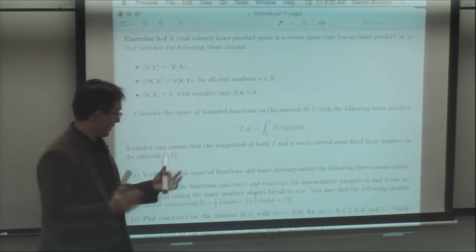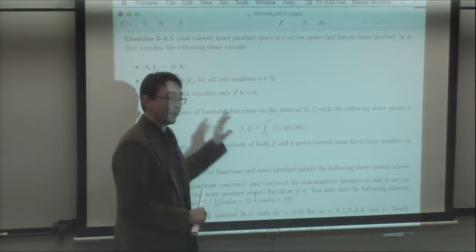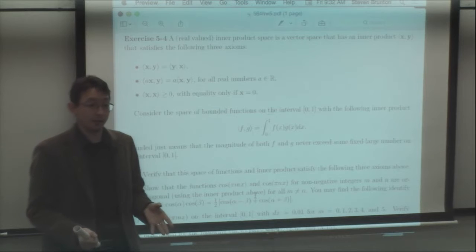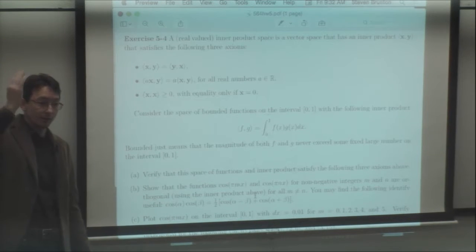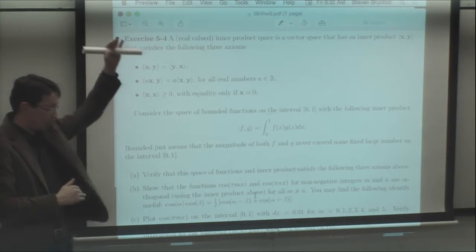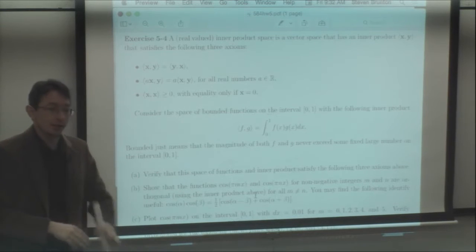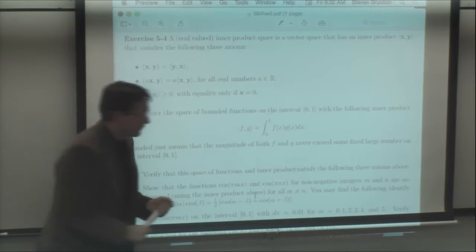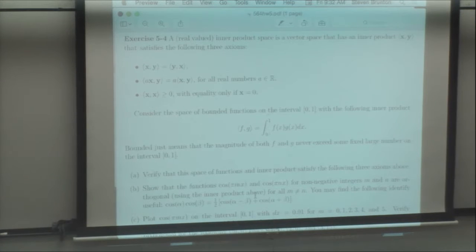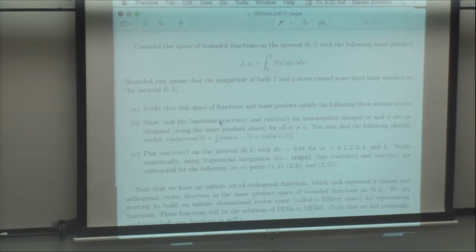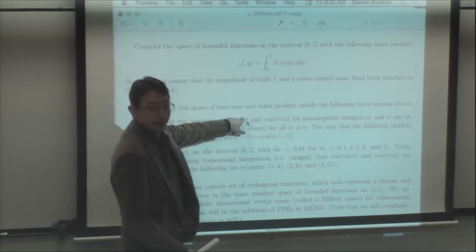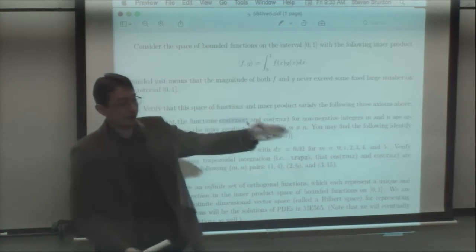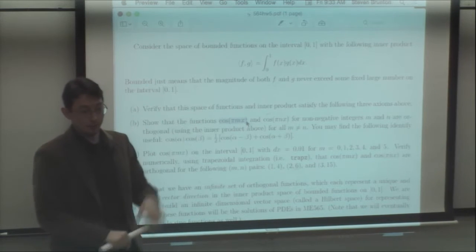It's a very strange but important concept where functions live in a vector space called Hilbert space. It's a vector space with infinitely many dimensions. So unlike x, y, and z, you can add dimensions to this vector space of functions forever. And we're going to show that if you take cosine functions, cosine of pi times some integer times x, then that defines a basis direction in this function space.